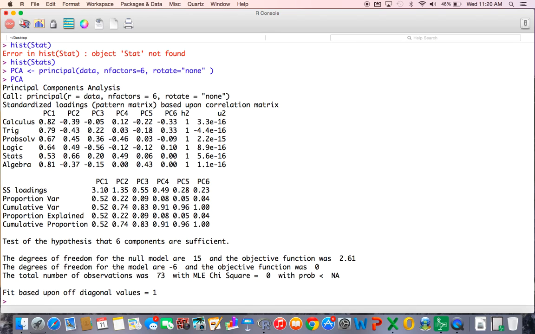And I guess it's my job to go through this and talk it through with you. First of all, notice that it's just calling the command. Notice that it's giving you a pattern matrix. Now we've done no rotation yet, but there's something called an adjusted matrix and a pattern matrix. Depending on the type of rotation that we end up doing, it'll depend on the type of matrix that we'll actually look at, okay? And of course this is based on the correlation matrix.